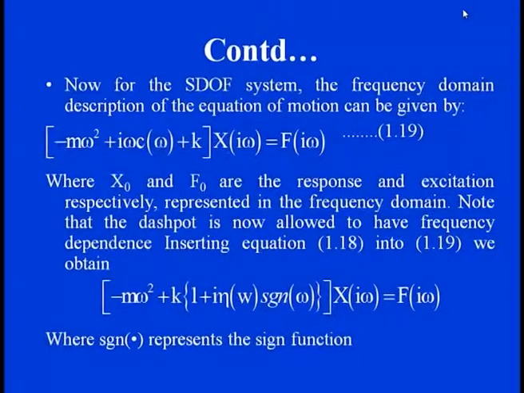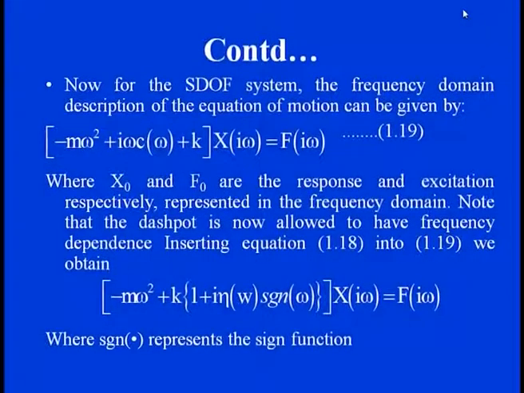And the dashpot, which is now allowed to have a frequency dependence feature, we can straightaway find out that when we are adding the harmonic features, it is nothing but equal to minus m omega square plus k into 1 plus i eta. Again, you see here we are trying to formalize what exactly the c value is in terms of sign omega.